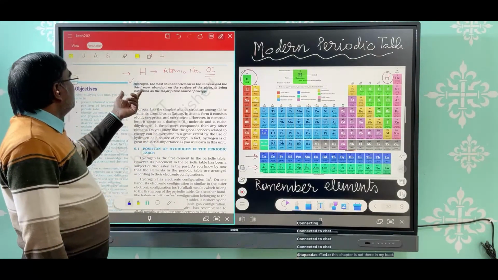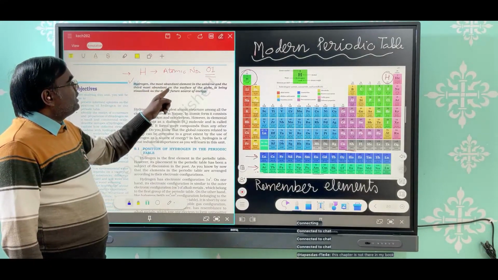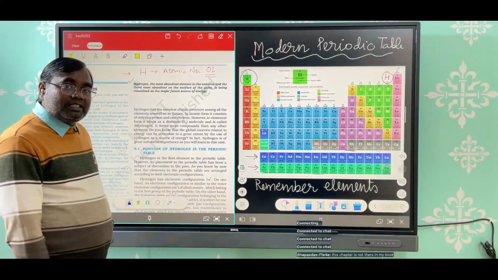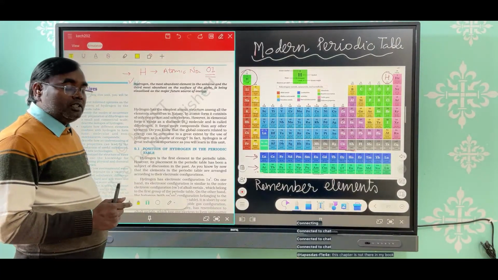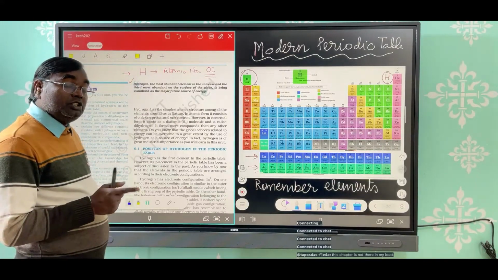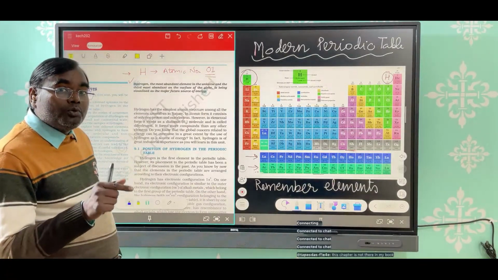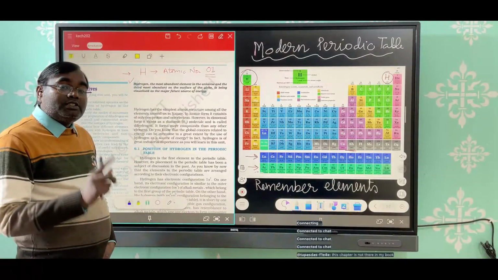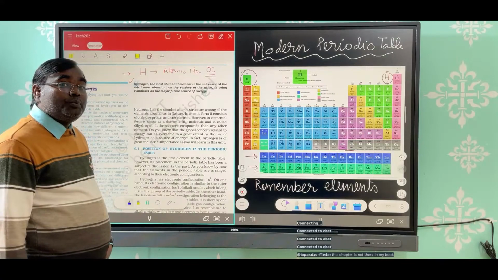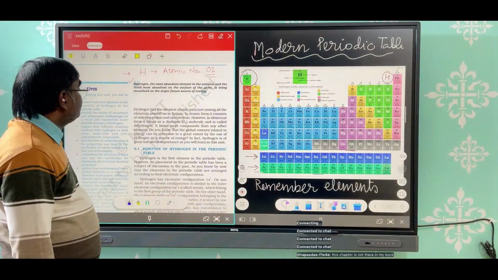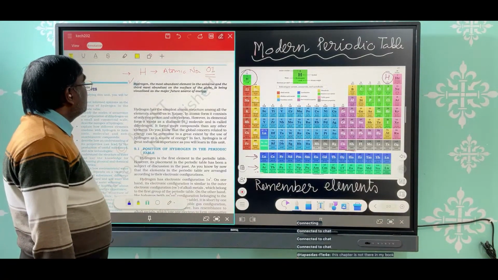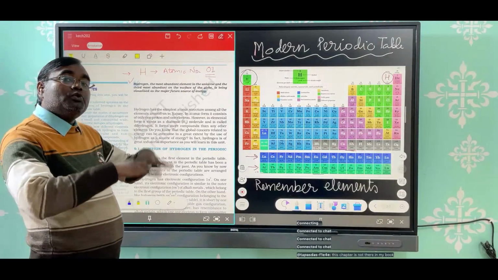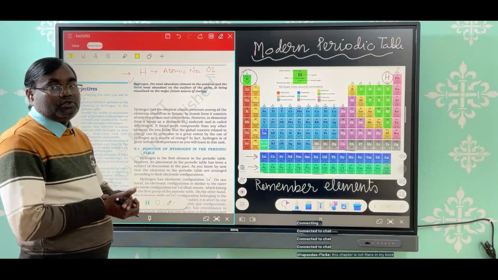So come on. Hydrogen, the most abundant element in the universe, being the lightest. Not talking about the globe, the earth. It is talking about the universe. The giant planets like Jupiter have a huge amount of hydrogen.